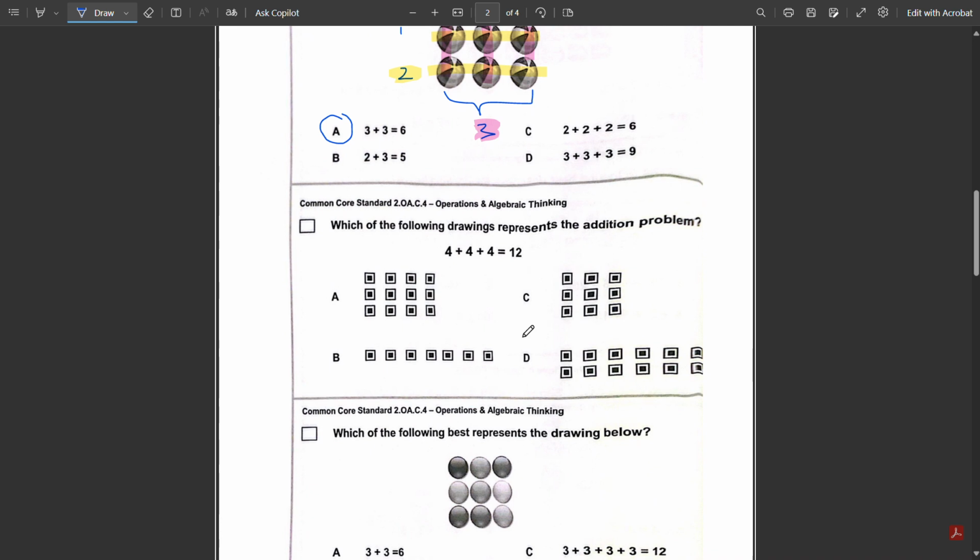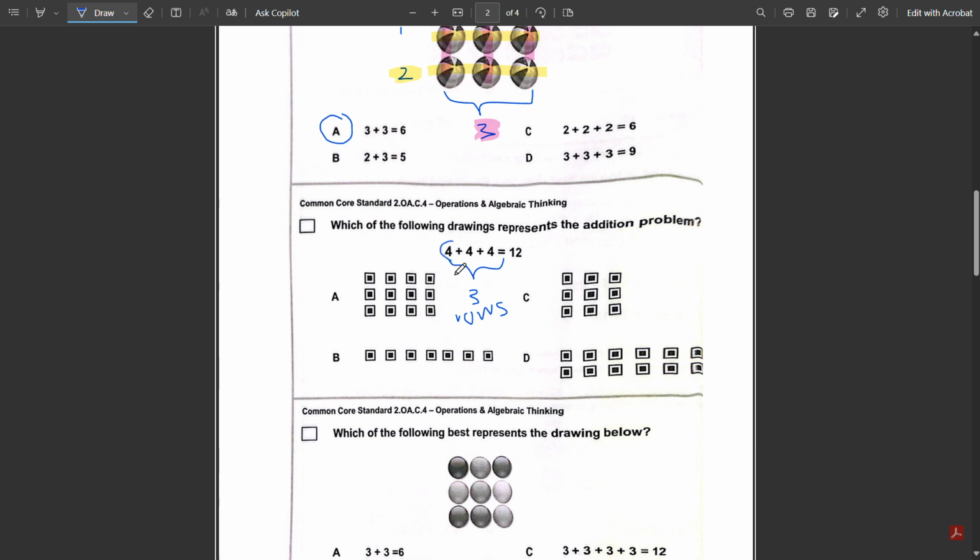Number 2, which of the following drawings represents the addition problem? 4 plus 4 plus 4 equals 12. So first we have to count how many 4s there are. So 1, 2, 3. So since there's 3 4s here, we know that there's going to be 3 rows.